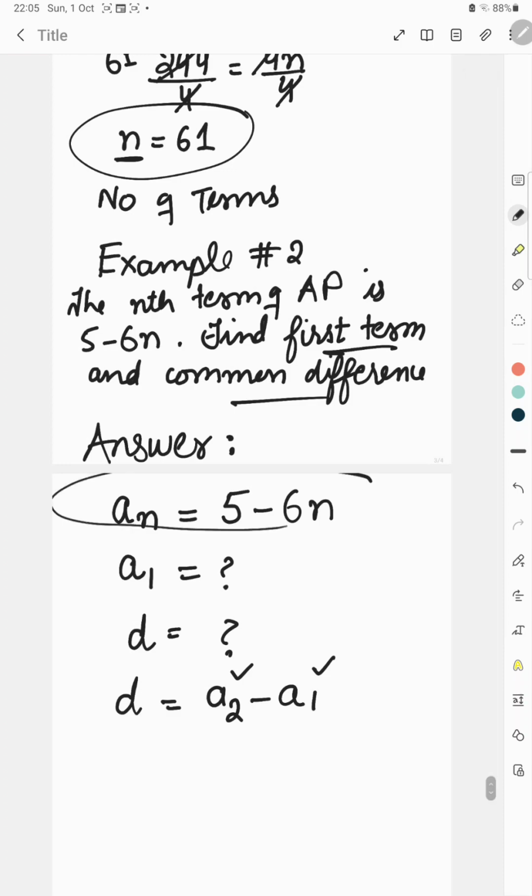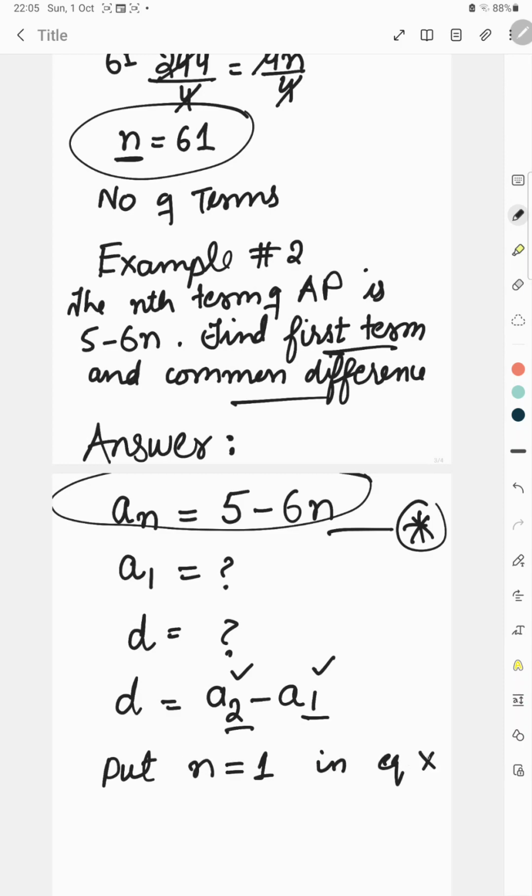As the nth term is given, just put n equal to 1 and n equal to 2 in the given nth term. Put n equal to 1 in equation star, the given information. So we get a1 is equal to 5 minus 6 ones are 6, so 5 minus 6 is equal to minus 1.